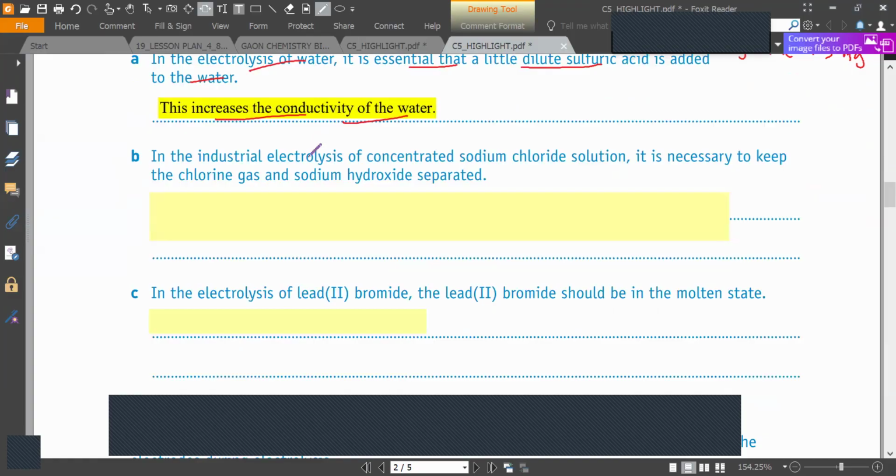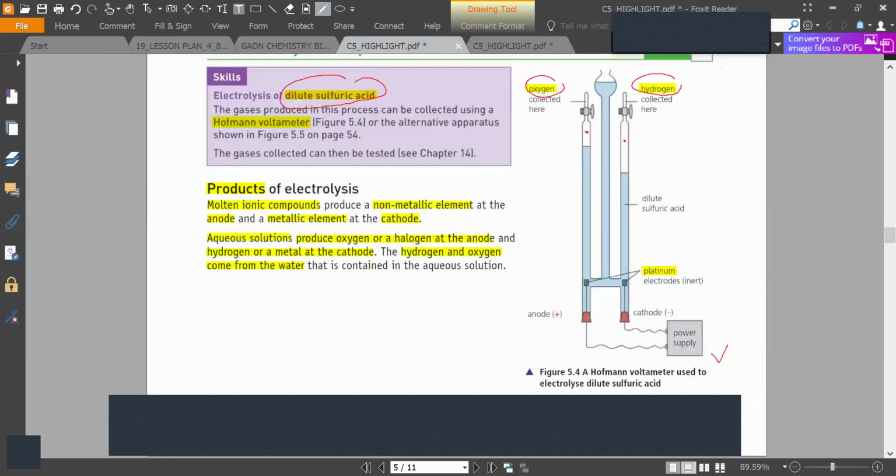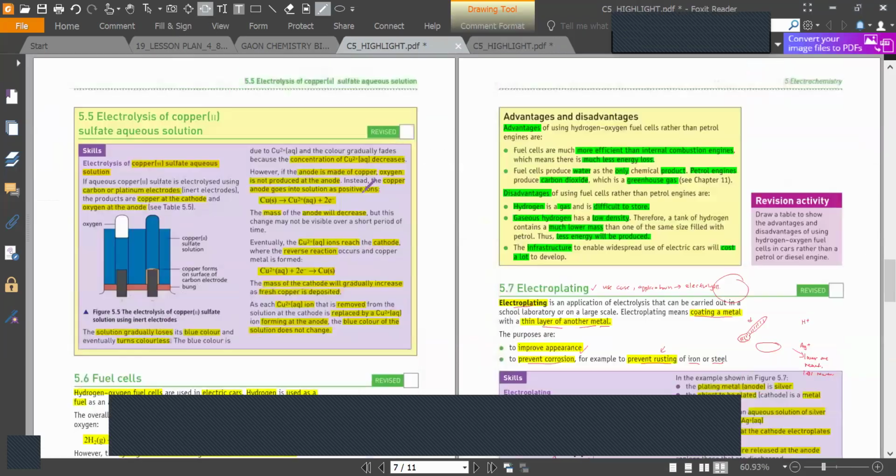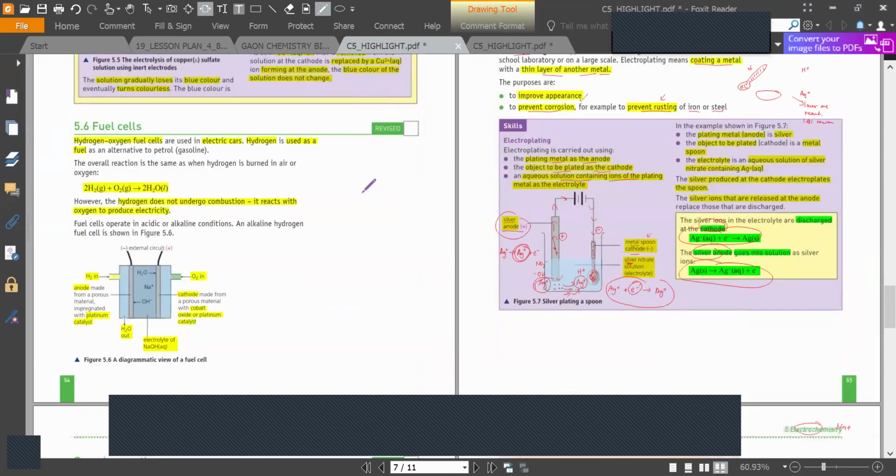Next. Industrial electrolysis of concentrated sodium chloride solution is necessary to keep the chlorine gas and sodium hydroxide separated. Let's see whether we have this in the notes or not.